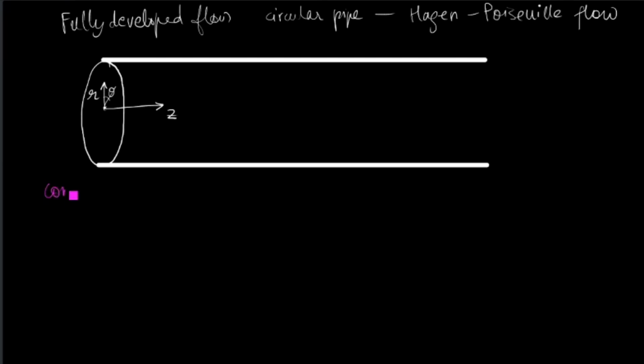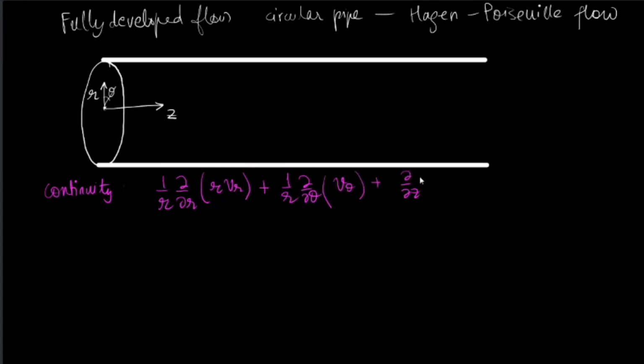The continuity equation in this system looks something like this: 1 upon r del r of r vr, plus 1 upon r del theta of v theta, plus del z of vz, is equal to 0. This expression is the divergence of velocity equal to 0, so it's an incompressible, constant density flow.